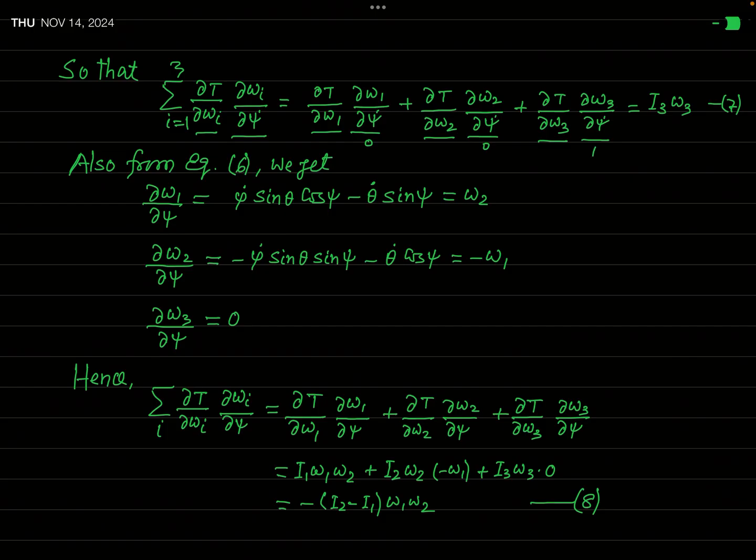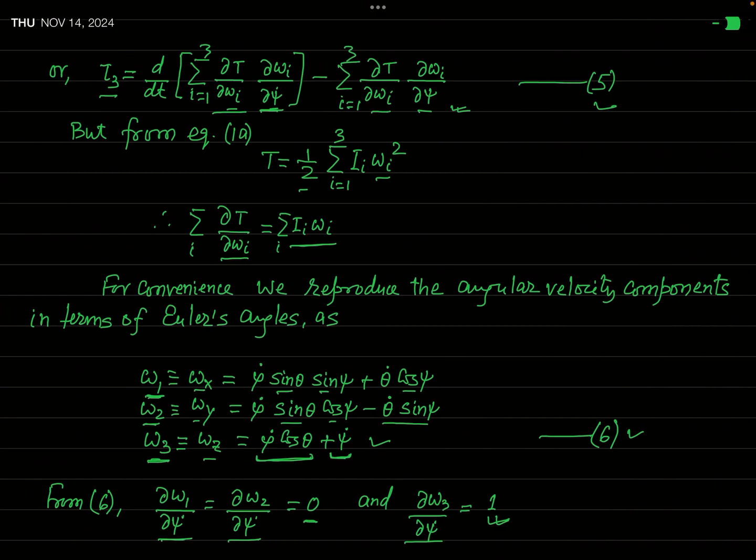Okay. And if it is 1, then the result is simply equal to del T by del omega 3. And what will be del T by del omega 3? From this equation, you can see that del T by del omega 3 will be simply equal to I3 omega 3.